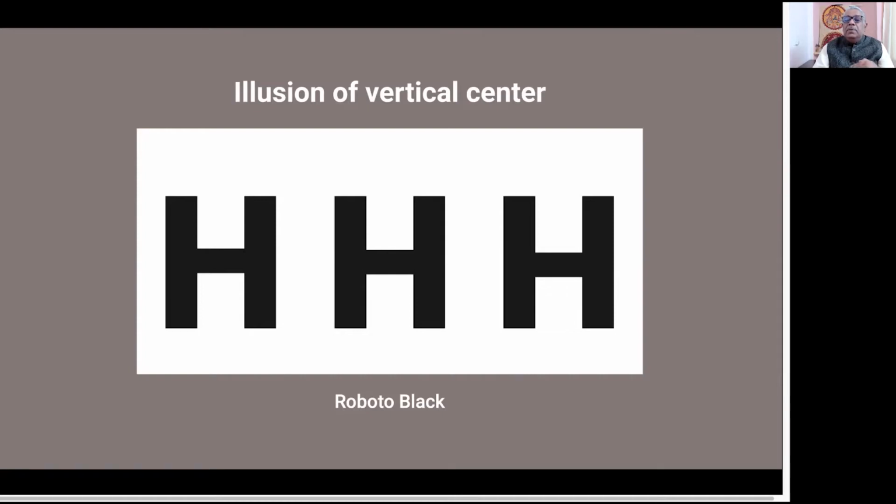We compensate for optical illusions and get the feeling that the units are balanced and the negative space appears to be balanced. In this case, for the same character, there are three different ways of aligning the crossbars. When we look carefully, one of them appears more visually balanced than the others. This is the reason for that.